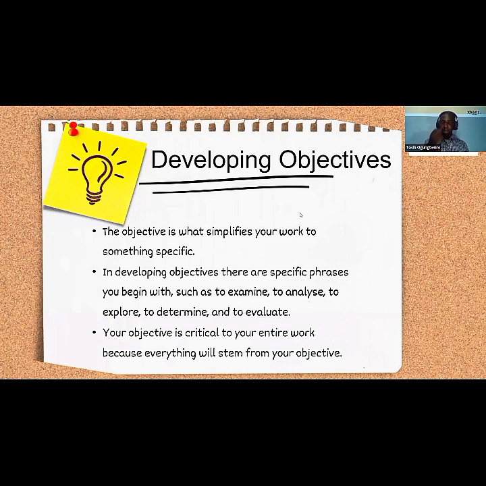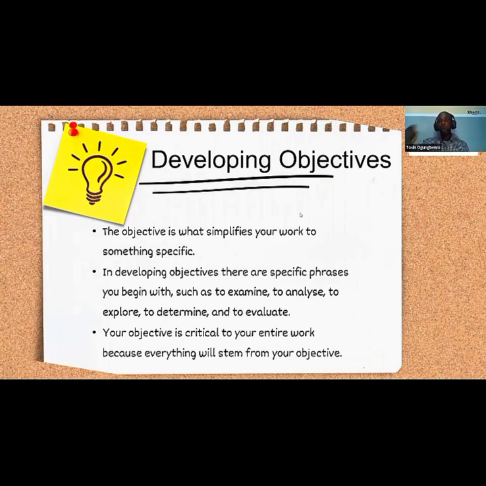And then listen to me carefully. I'm going to be teaching methodology on Saturday, very, very important. Depending on the methodology you are using, it also determines the phrasing. If you are using qualitative analysis, which is interviews and all that, or a systematic review, you use more of "to explore".